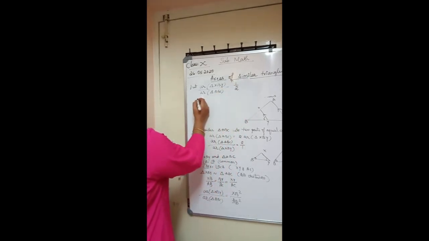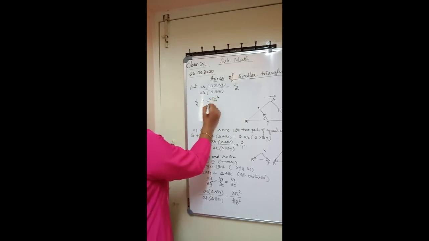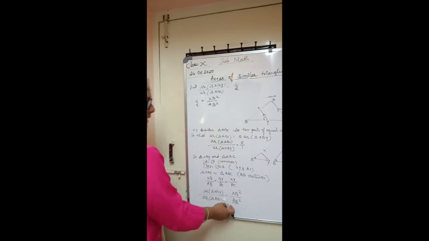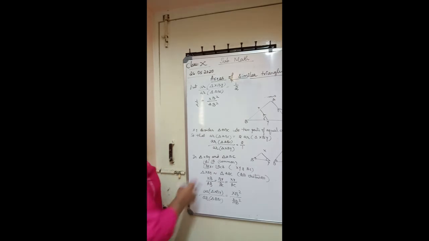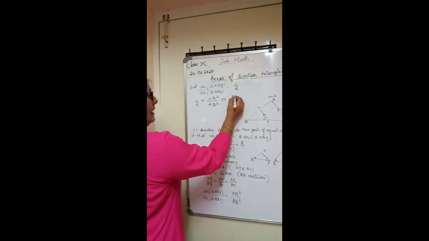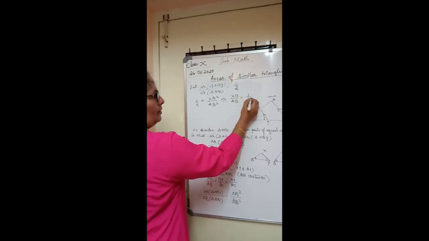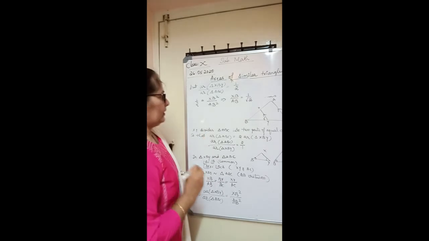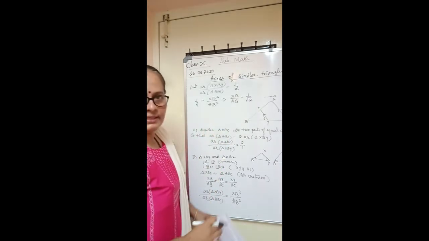Therefore, 1 by 2 equals XB square by AB square. See here, XB square by AB square equals 1 by 2. Now take root on both sides. You will get XB by AB equals 1 by root 2.